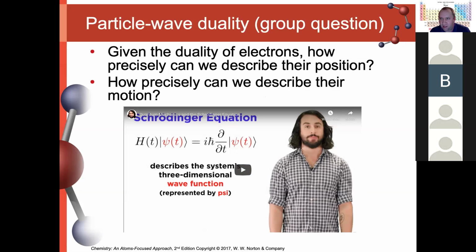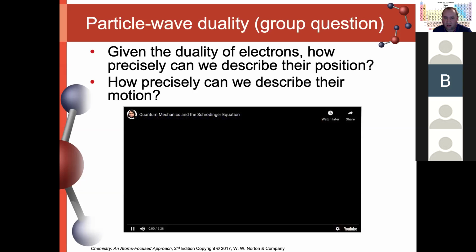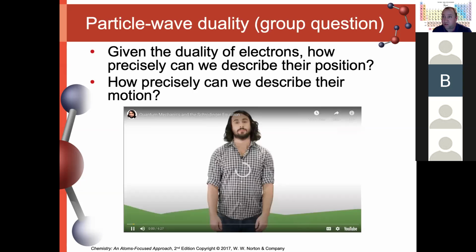I'm going to let him describe the Schrodinger equation and how this dualistic nature actually represents itself and how it fits into the Bohr model. And then we can talk about it for a couple minutes afterwards. But I'm going to let him try to explain it better. I think the visualization will help. So go ahead and make sure that you can hear this. And I'm going to turn it on. We're not going to watch the whole thing.